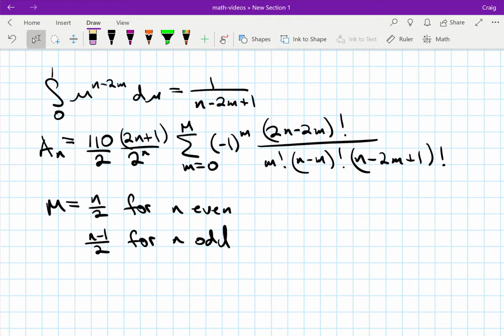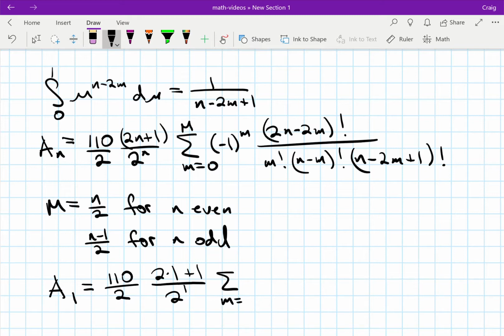So for instance, if we go through and work this out, a sub 1 is equal to 110 over 2 times 1 plus 1 over 2 to the 1. And then I have a sum from m equals 0. So 1 is an odd number, last time I checked, so my upper limit is 0.